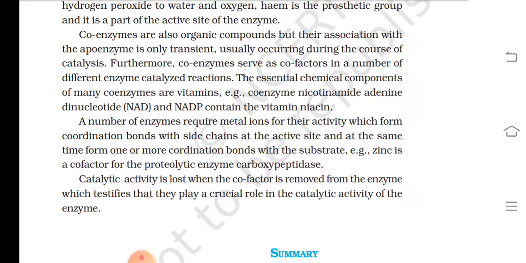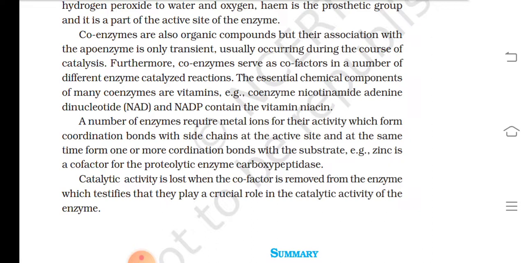Furthermore, coenzymes serve as cofactors in a number of different enzyme-catalyzed reactions. The essential chemical component of many coenzymes is a vitamin. Example: the coenzymes nicotinamide adenine dinucleotide and NADP contain the vitamin niacin.